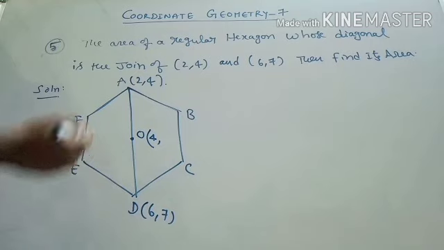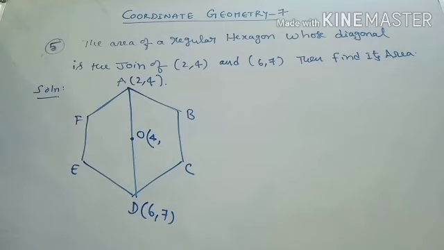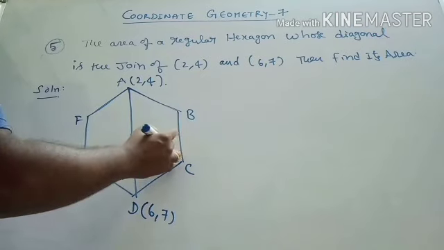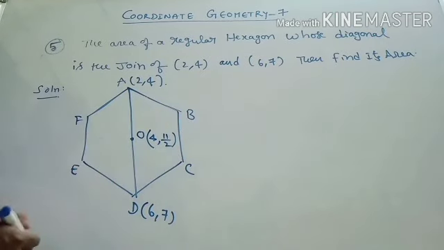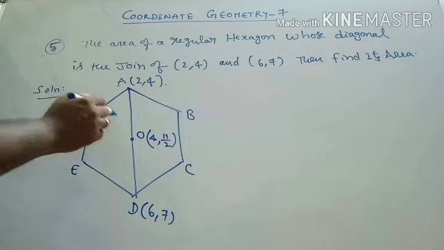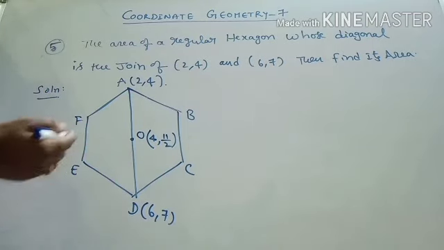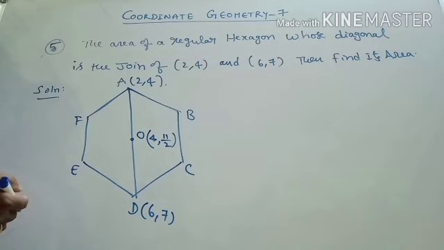And 7 plus 4 by 2, that is 11 by 2. Fine. Now you have got the center of the regular hexagon. Now they are asking to find the area of it.